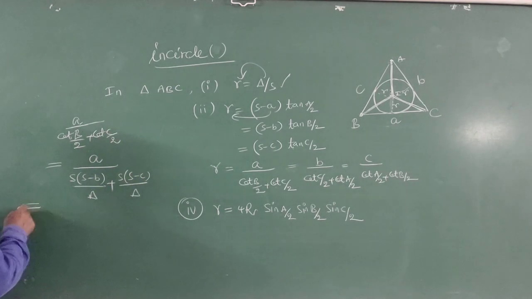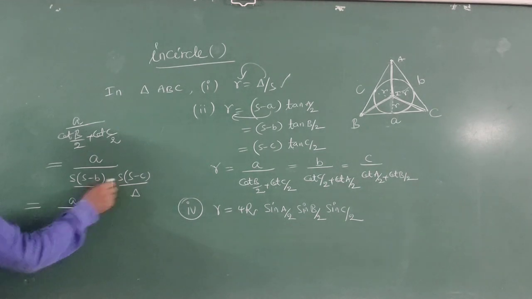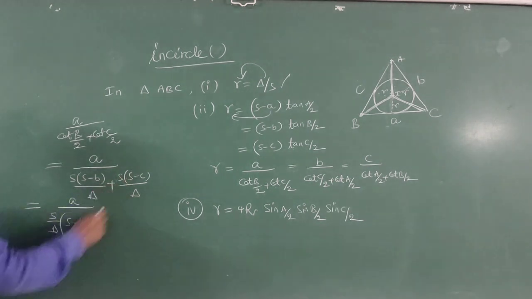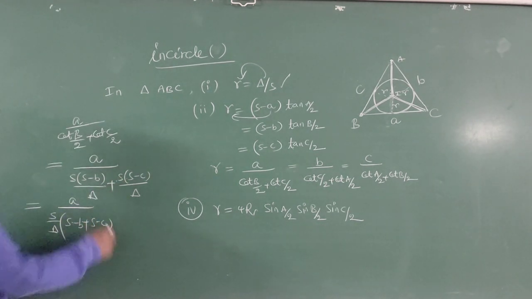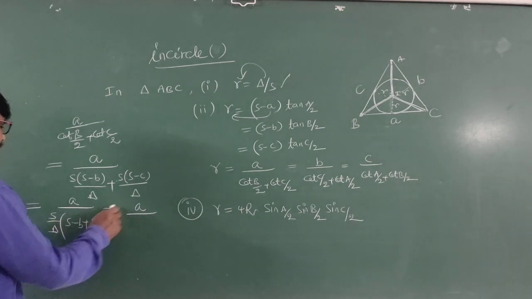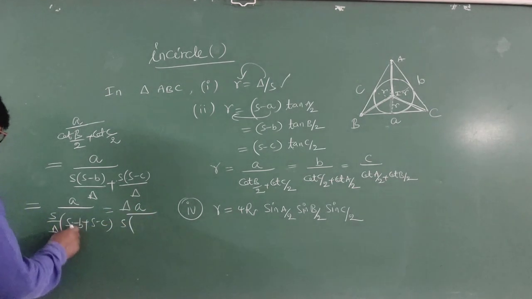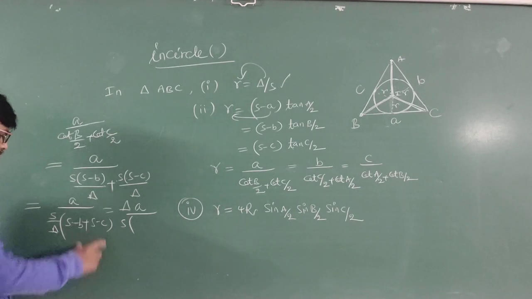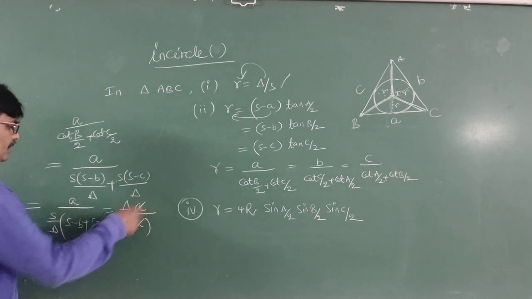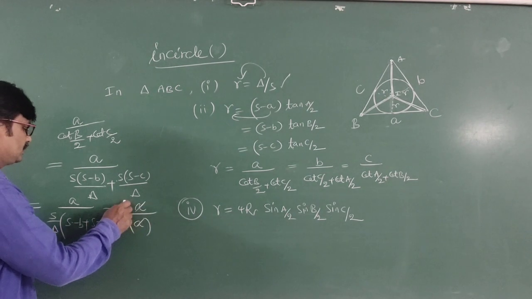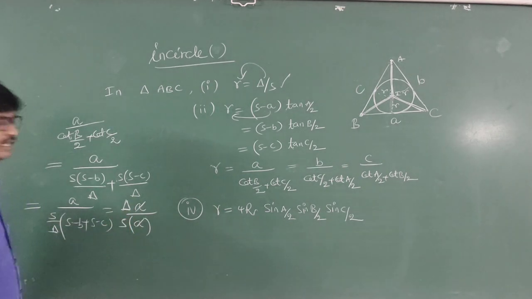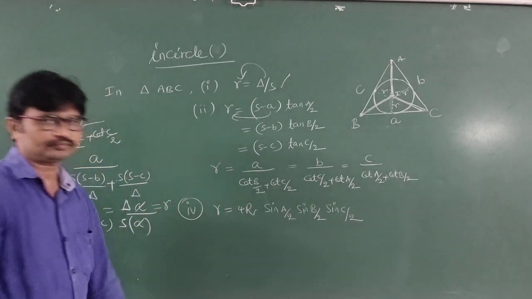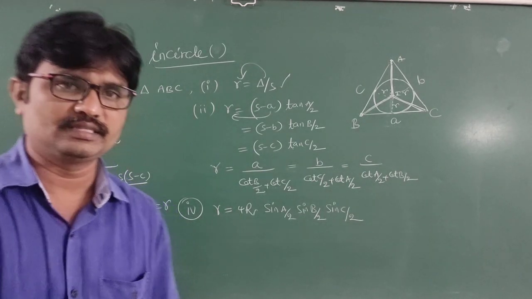What is the common term in the denominator? s by delta. So we take it as (s minus b) plus (s minus c). Now a into delta by s. s plus s is nothing but 2s, and 2s is a plus b plus c. The b and c terms cancel, and a cancels. Now this is delta by s, which is nothing but small r.